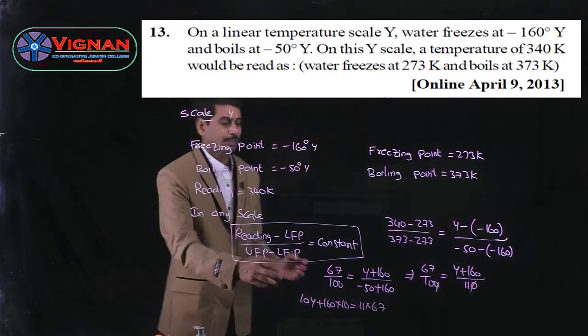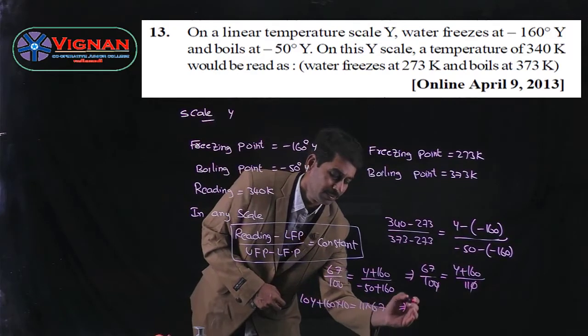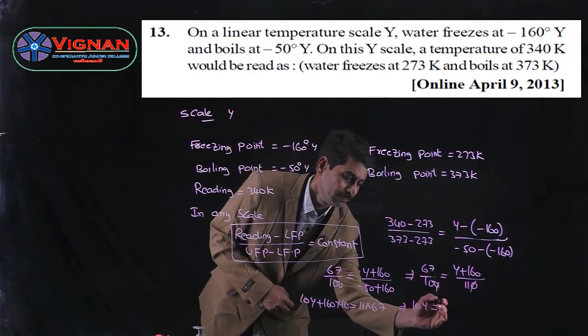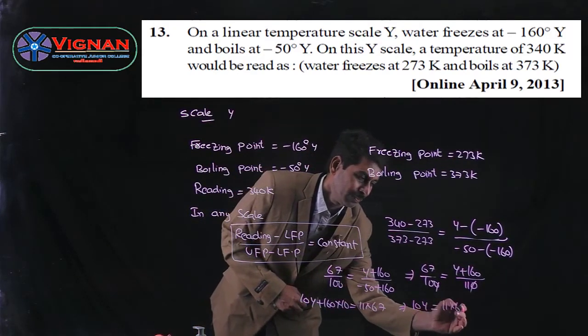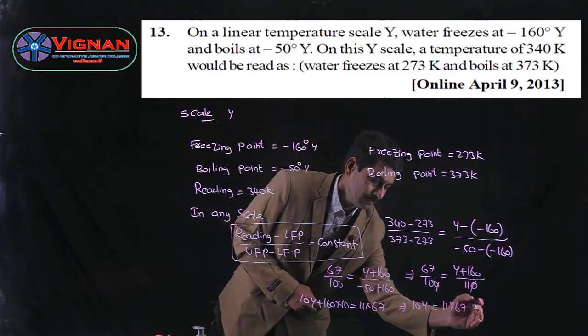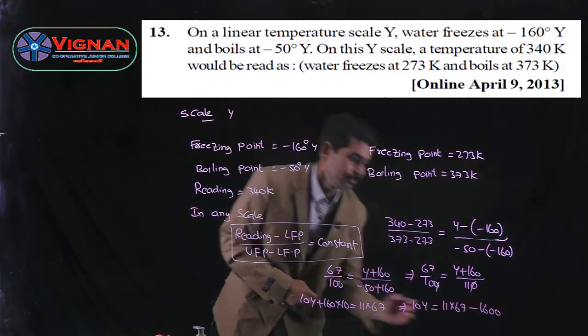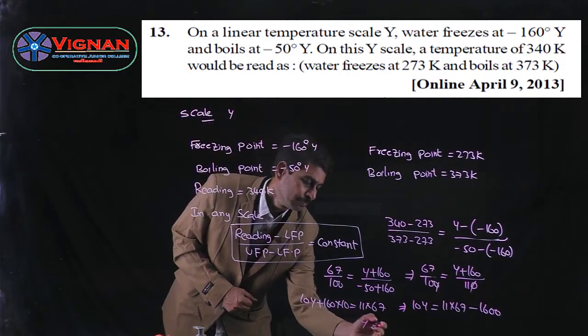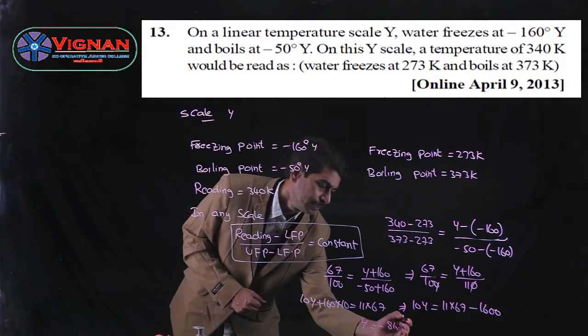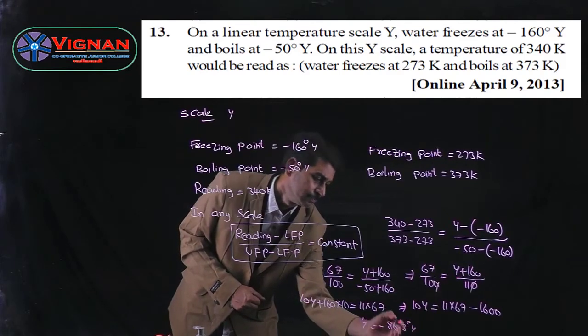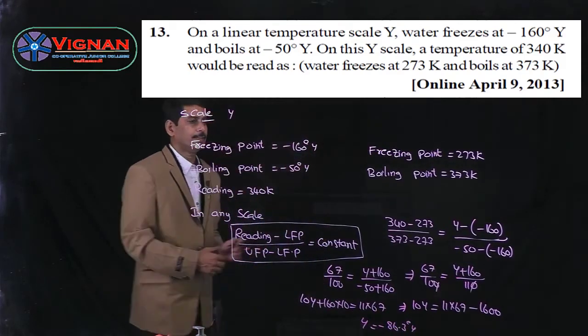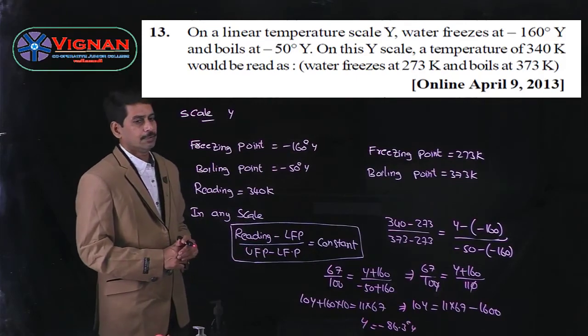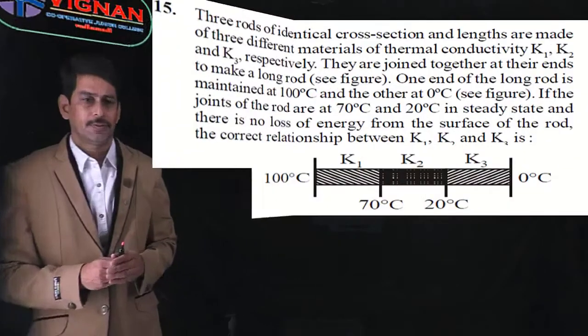So we need y, which can be obtained by 10y = 11 × 67 − 1600. On simplification, we get y = −86.3 degrees. So this is the reading in the other scale. The next problem.